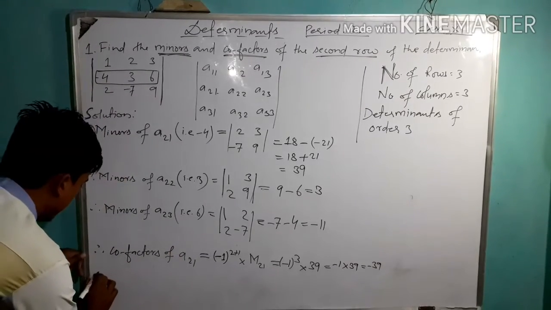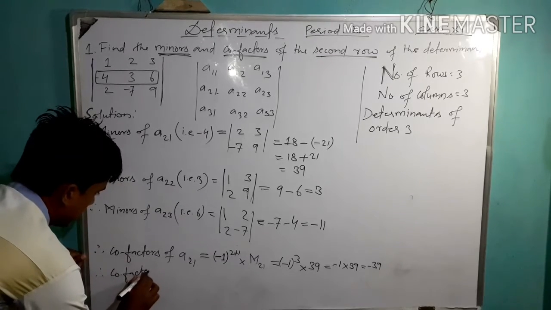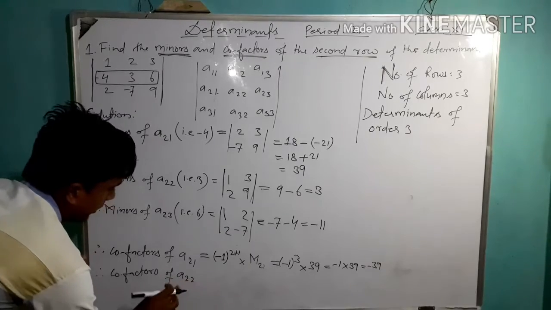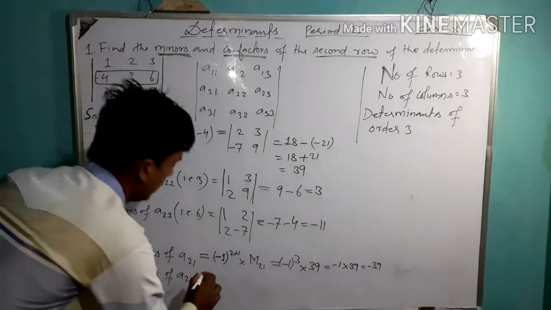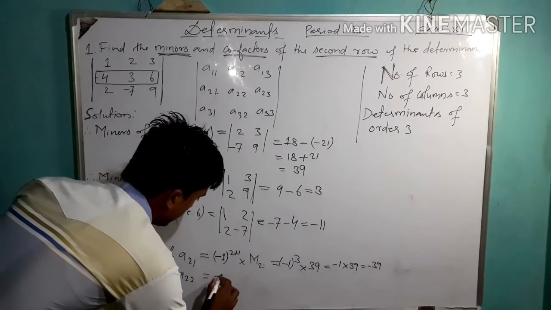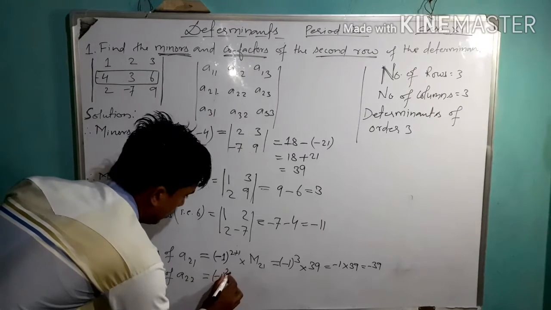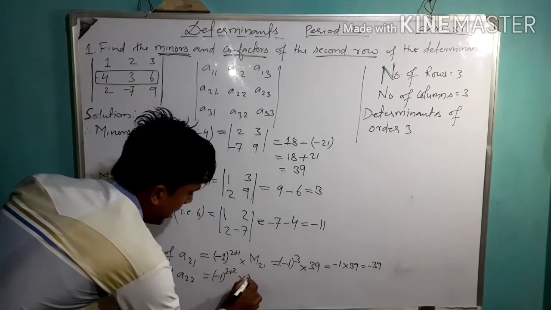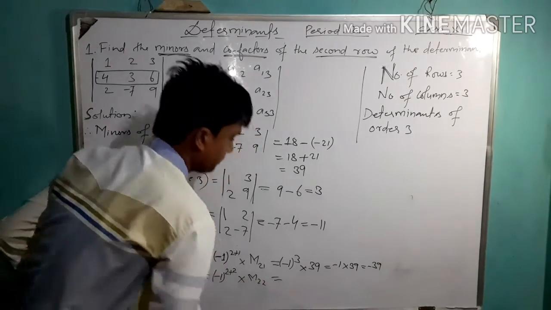Now the cofactor of A22, or we can take C22 also, no problem. Here, C22 equals minus 1 to the power 2 plus 2 into M22.